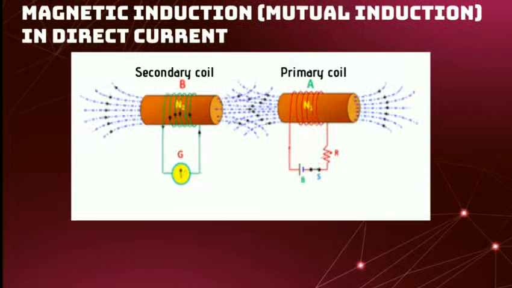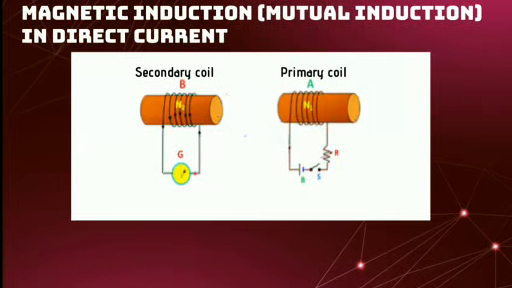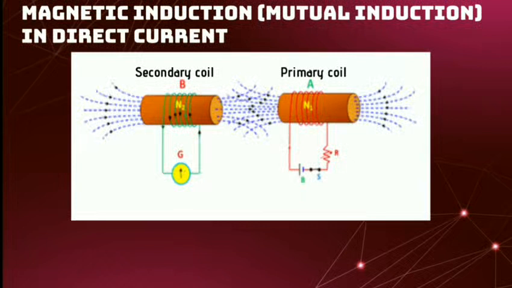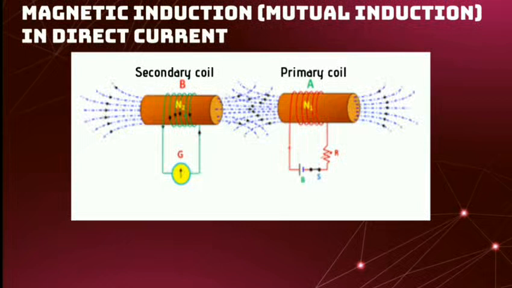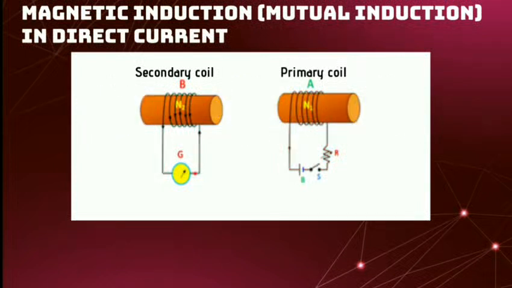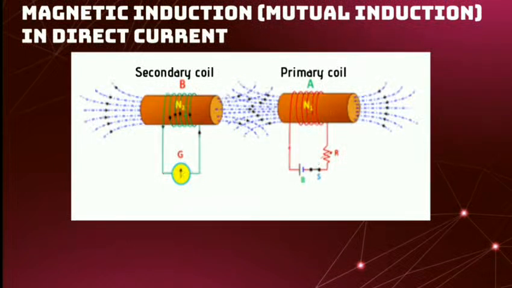The current is induced in the secondary coil when the current in coil 1 is changed, and in this activity we observe that as soon as the current in coil 1 reaches either a steady value or 0, the galvanometer in coil 2, or the secondary coil, shows no deflection.